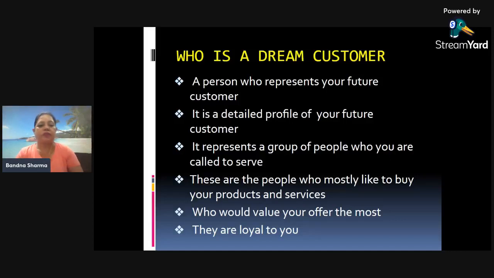So your dream customer is a very detailed profile of your future customer, right? And you have to figure out everything about the person who you are going to serve, everything about their age, their marital status, their current situation, current job, their salary, fears, challenges, and the struggles they are facing, right?